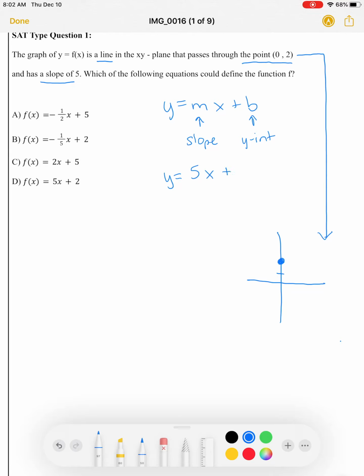So that would be our b value. With the equation that we found, you should see that is the same as option D. Remember that function notation, y is the same as f of x. They both represent the output.